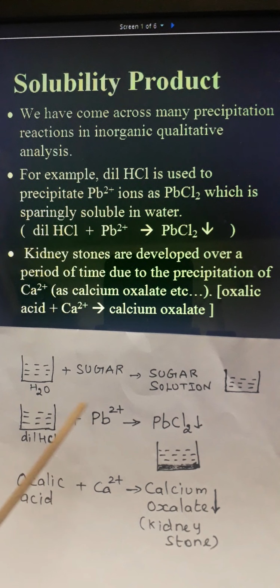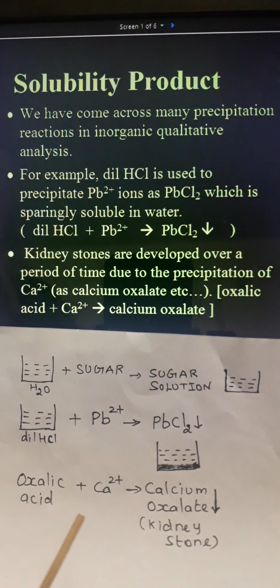Sometimes a salt is sparingly soluble, that means it is not completely dissolved in a solvent and forms a precipitate. For example, Pb2+ salt is sparingly soluble in dilute HCl and forms lead chloride precipitate.